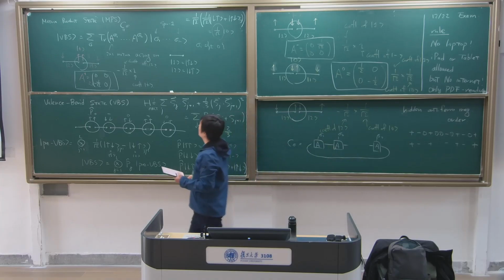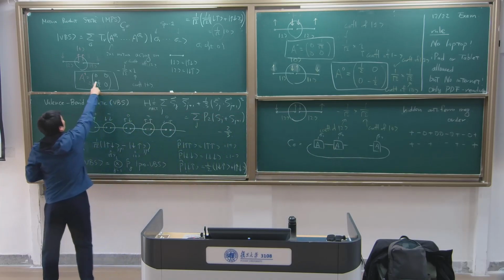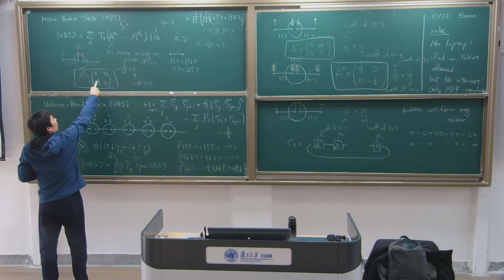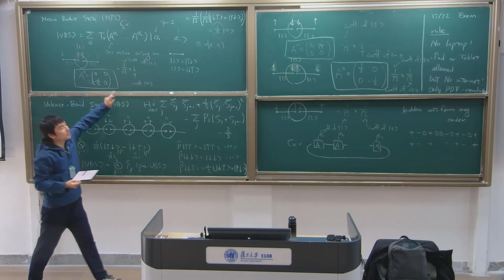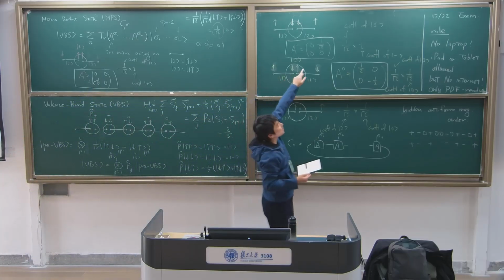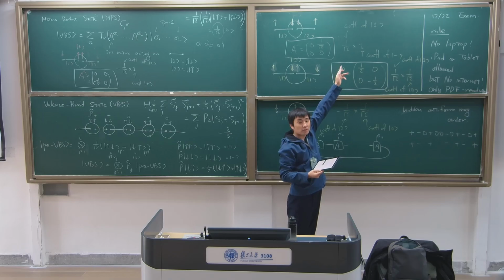But if you look at this one, it's very simple. A plus is the lower off-diagonal entry, and A minus is the upper off-diagonal entry.